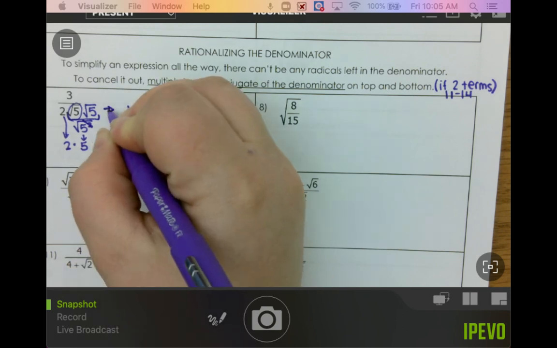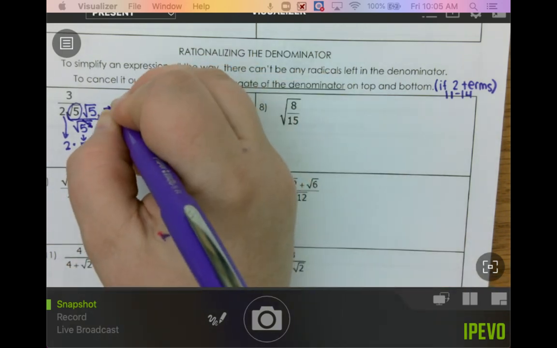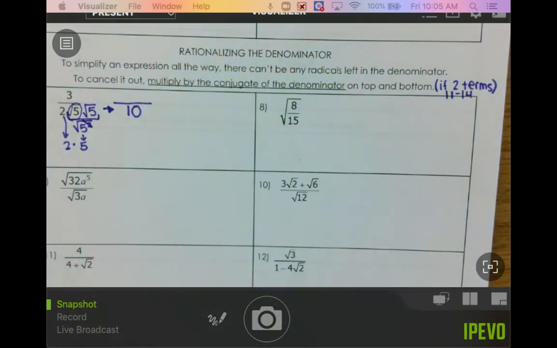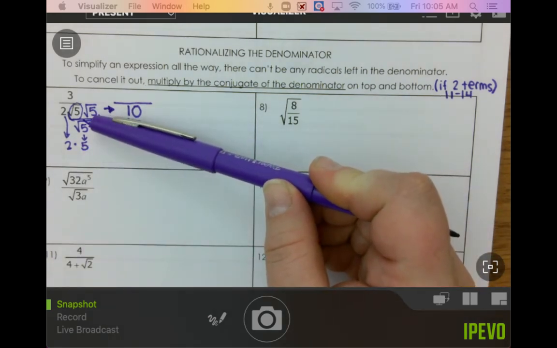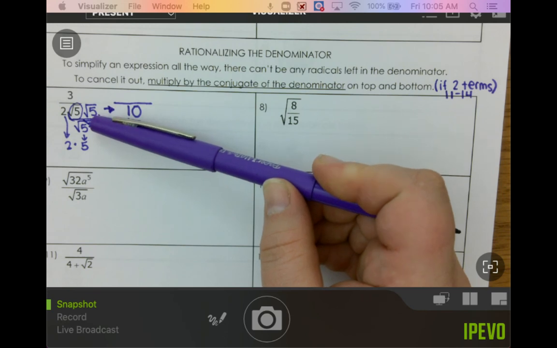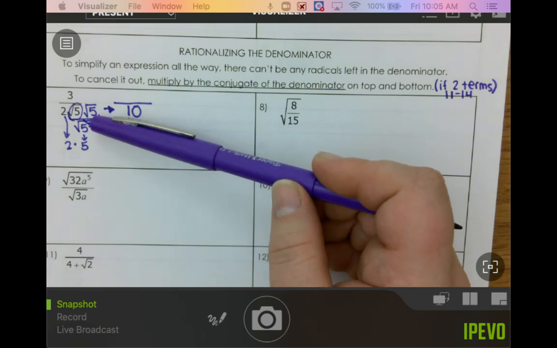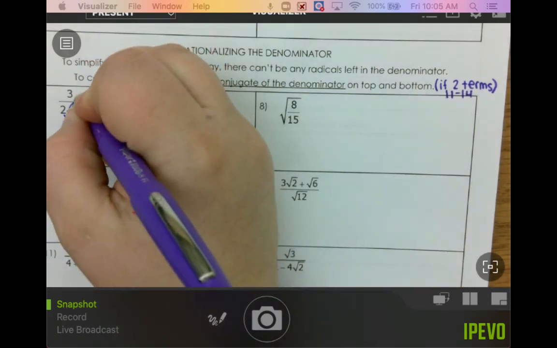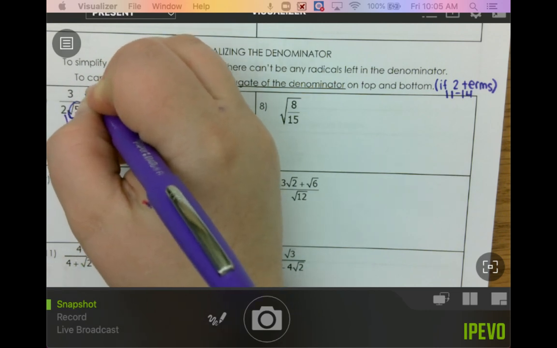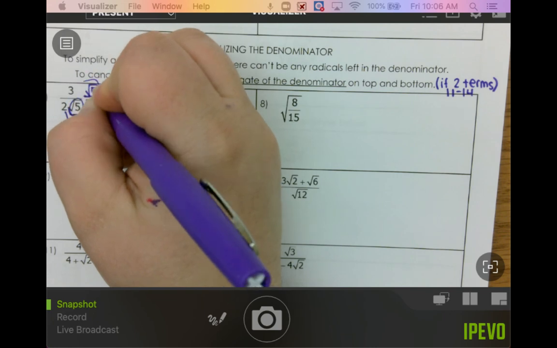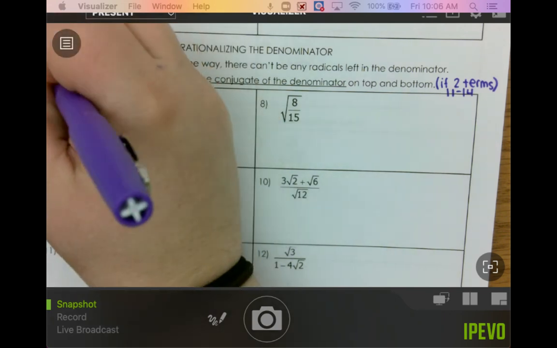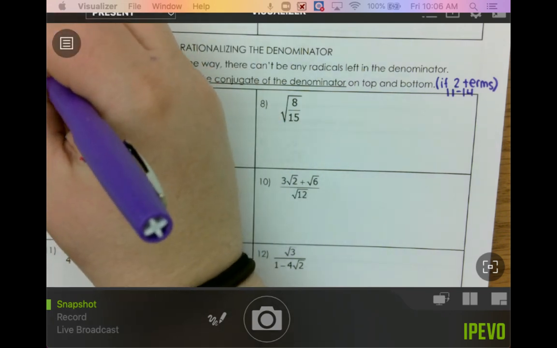Well, that's all well and good for the bottom part of this problem, but we can't just randomly multiply by a square root wherever we want. In fact, that has now changed my problem unless I multiply by one of them on top as well. Because then this is the same thing as multiplying by 1.